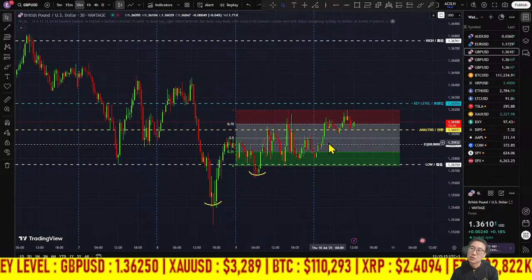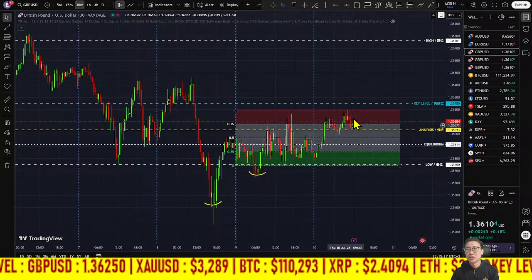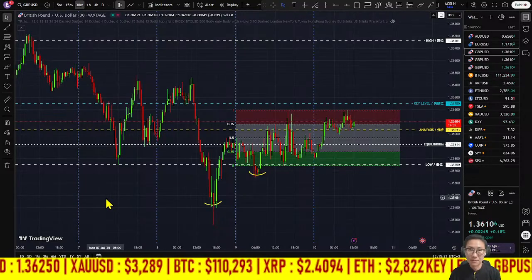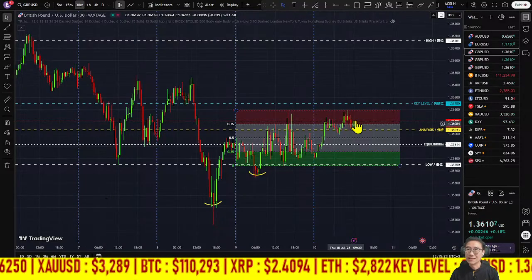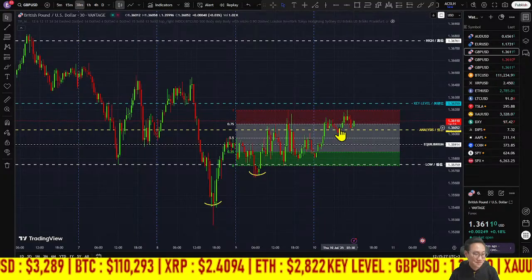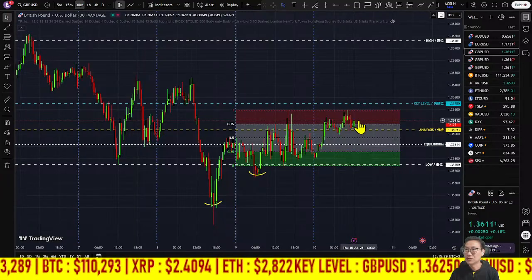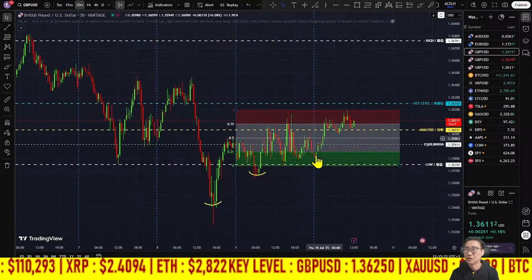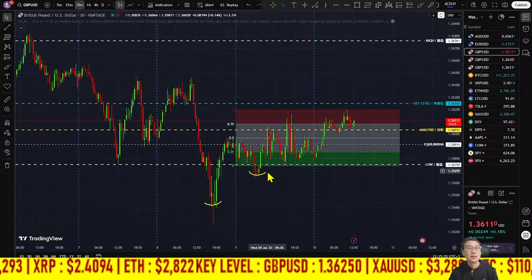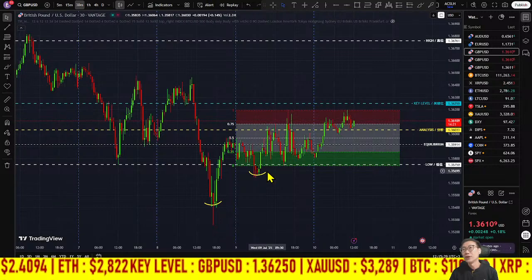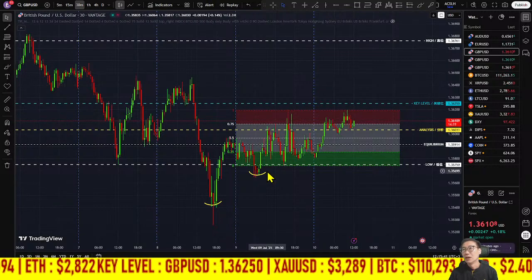So there may be a good chance that it will break even higher to 161.8, unless there's a selling structure to come down and recover this liquidity over here. That is one point we should be looking out for.